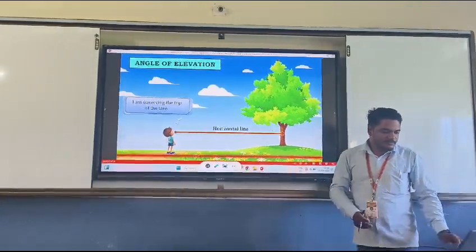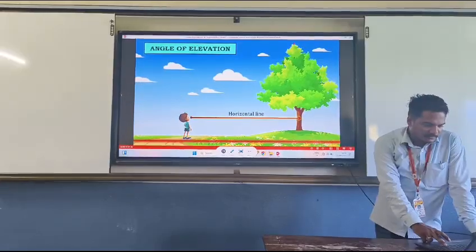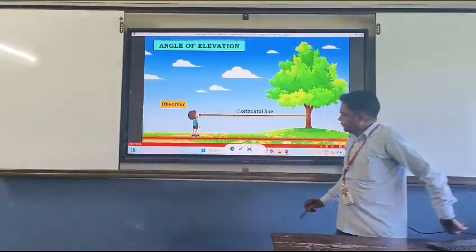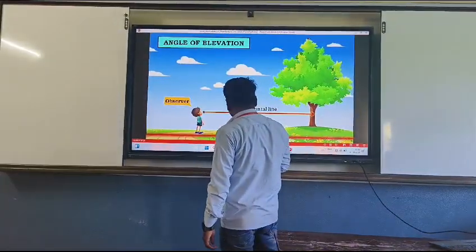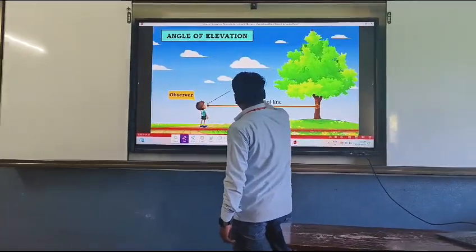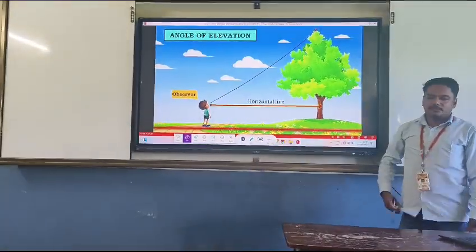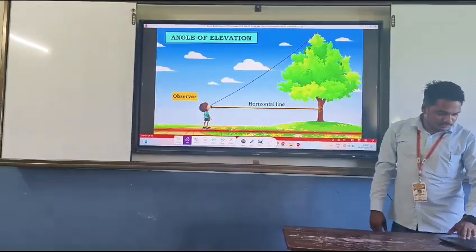Now look at here. The boy is observing the top of the tree. And here, suppose I draw a line. This line is said to be, क्या कहेंगे उस line को हम?